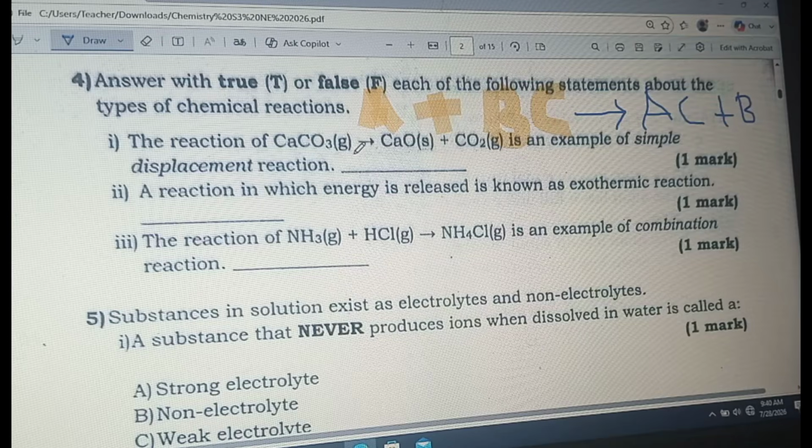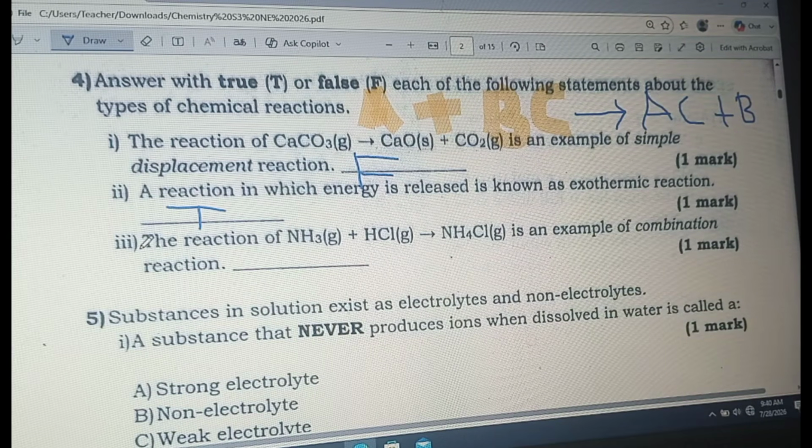Means that this is false. Let's continue to the next. A reaction in which energy is released is known as exothermic reaction. Yes, this is correct. This is true. A reaction in which energy is released is exothermic, but a reaction in which energy is absorbed is what we call endothermic reaction.